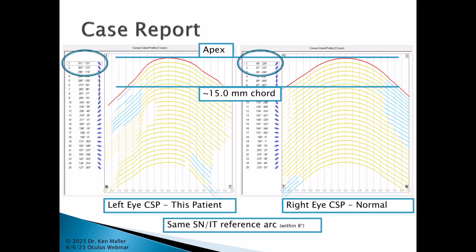That turquoise line is denoting a 15 millimeter chord, which was the chord that I was planning on using to design up this 15 millimeter scleral lens. We can see where it intersects the normal cornea over here, and we can see the difference of how it's not intersecting the cornea on the left eye of this particular patient, but her cornea is actually considerably steeper and lower down.